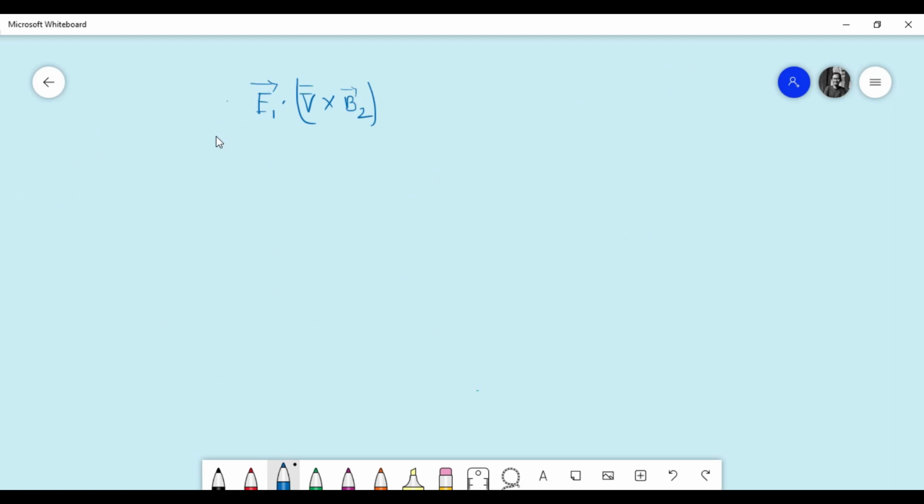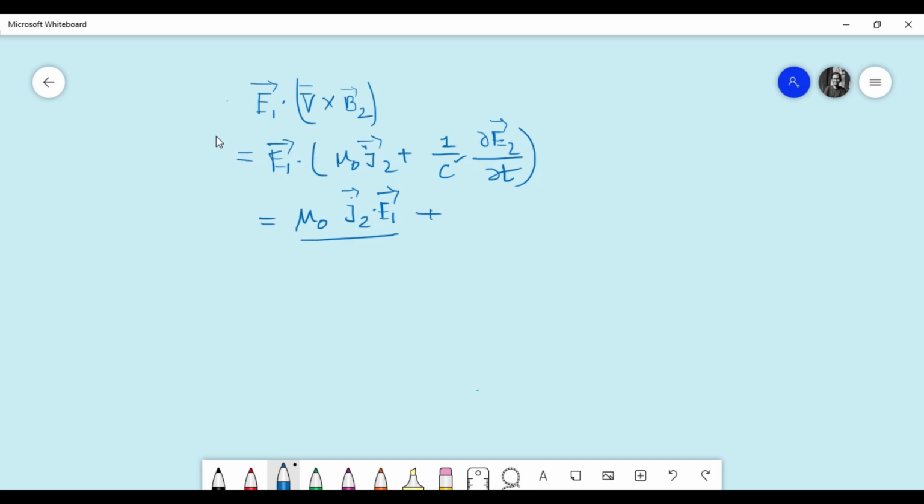Now using the Ampere's-Maxwell's law, you can write this term as this. And let's simplify this. Now if you look into the expression of the Lorentz reciprocity theorem, you can already see one of the term is already present here. But what about the other term?